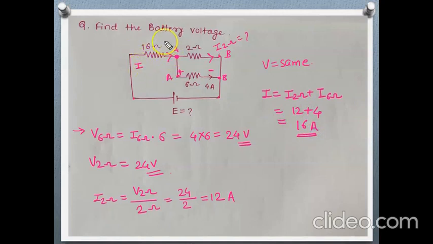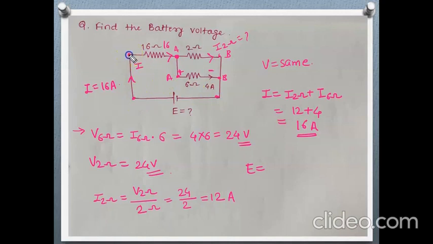This is the total current 16, which gets distributed here, 12 flowing through this branch and the remaining 4 flowing through this branch. So the total current I will be 16 ampere. Now we want the value of E. Battery voltage E will be between these 2 points.